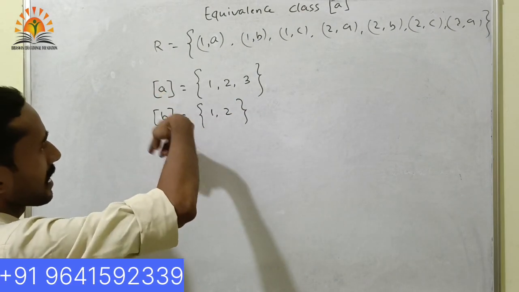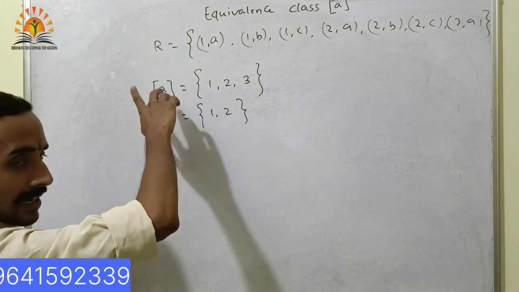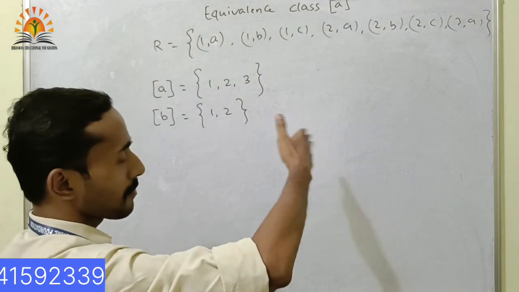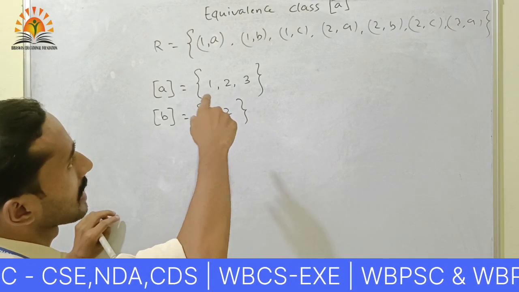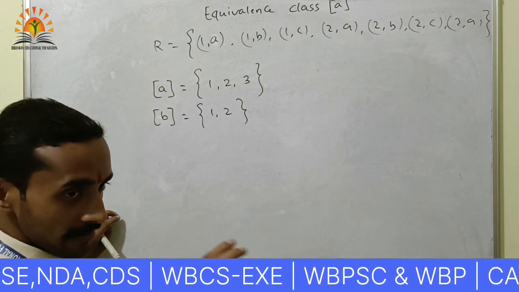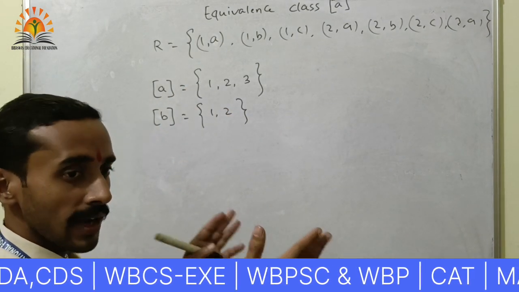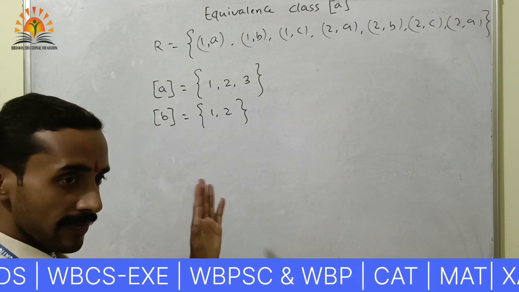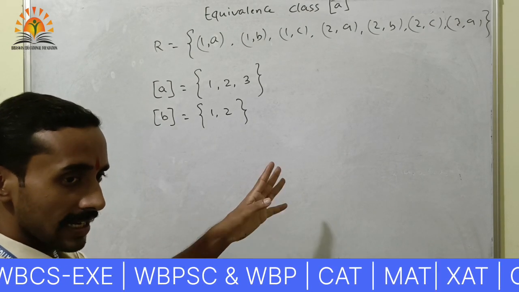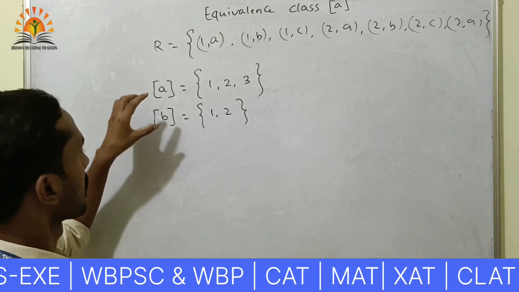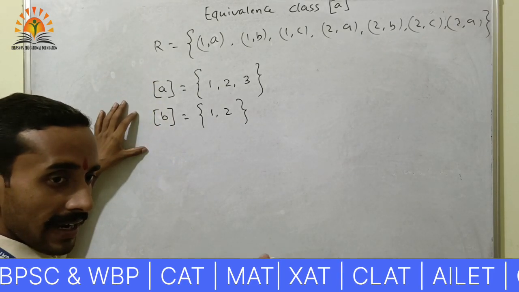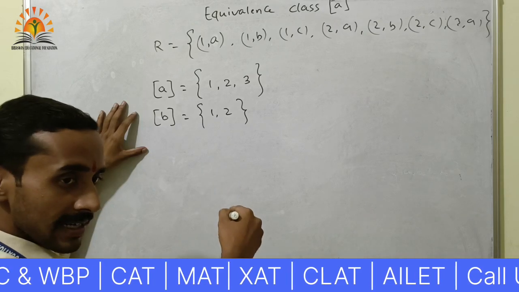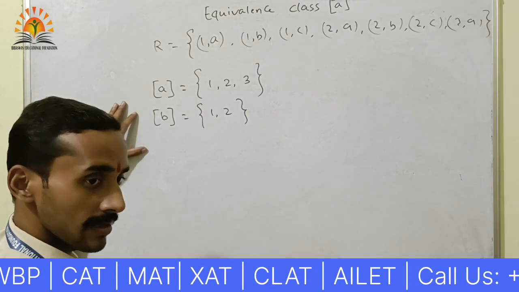This is very important, because equivalence classes partition a set into disjoint sets. You know a disjoint set has no intersecting point. So equivalence classes divide a set into disjoint sets.